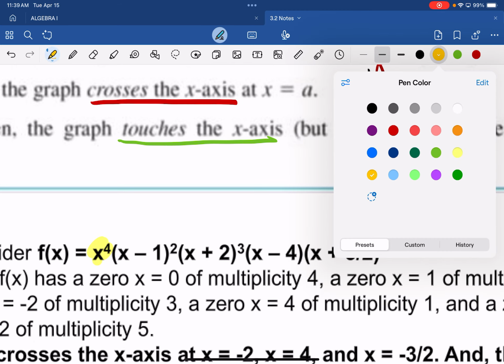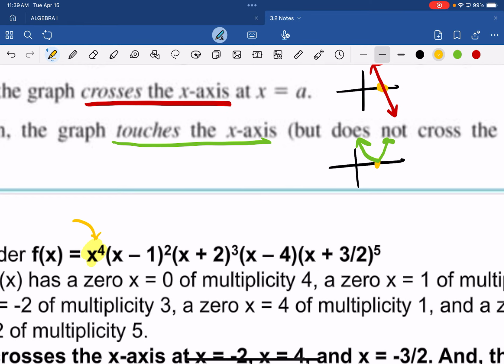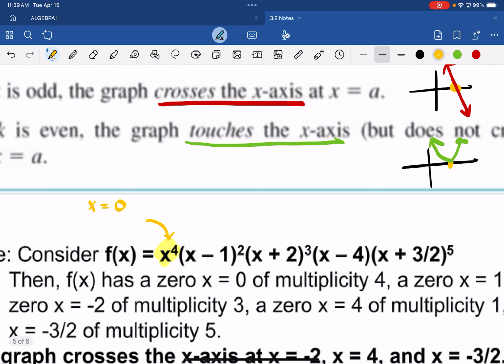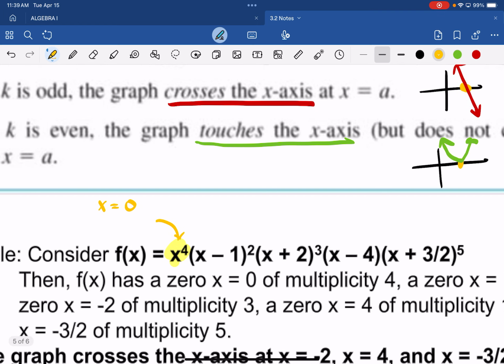So x to the fourth. X would equal 0. That's my x-intercept. Because it has the exponent of 4, it has a multiplicity of 4, because I'd be taking the fourth root of it.